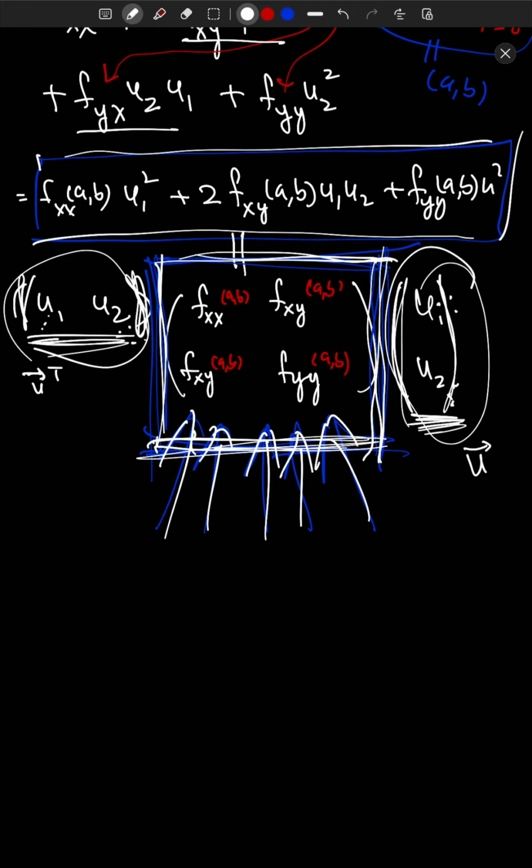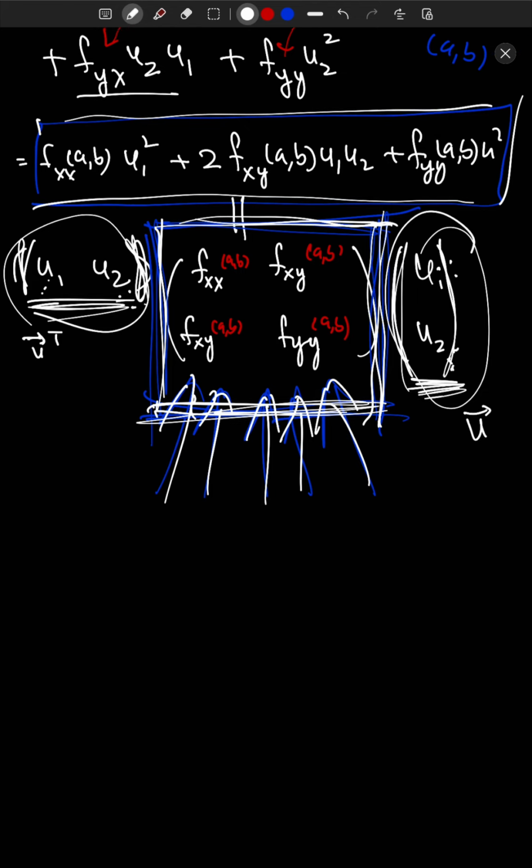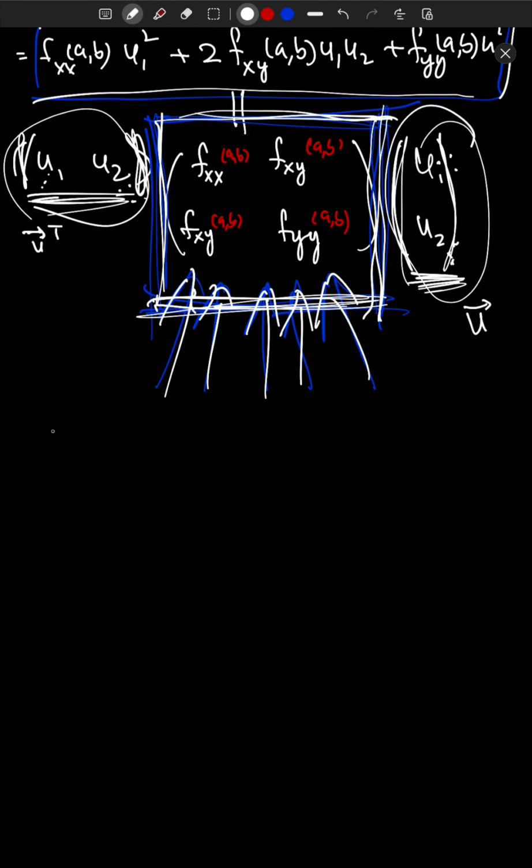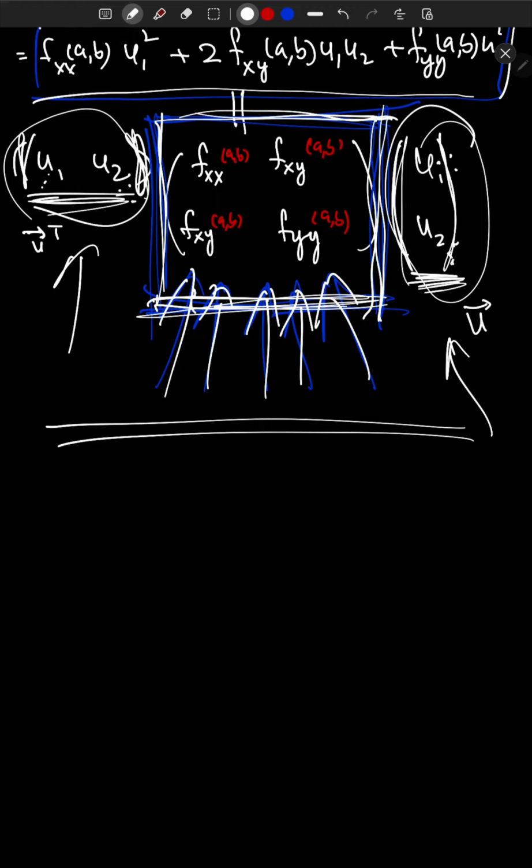You don't see any of this in single variable calculus because everything is a number: f prime is a number, f double prime is a number. But now gradient f is a vector and the second derivative is a matrix. That matrix allows you to calculate how my function is curving in any direction super easily by doing a matrix multiplication.